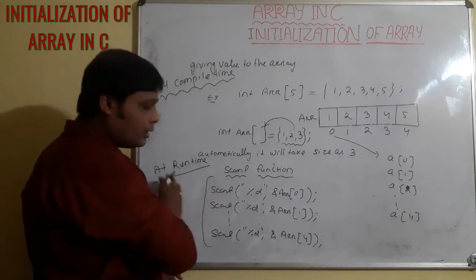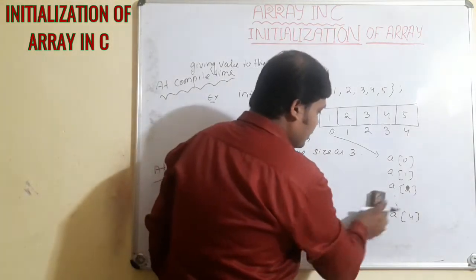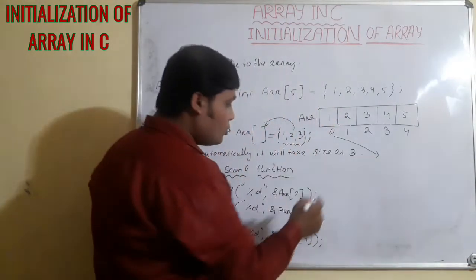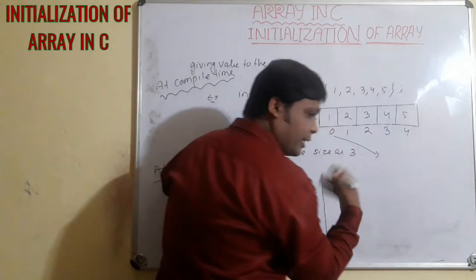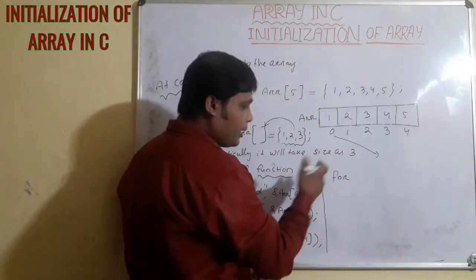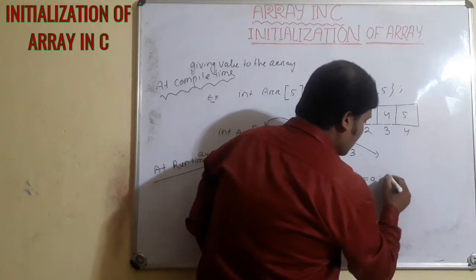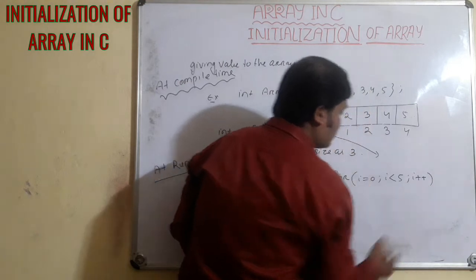Instead of writing multiple scanf, I can use loops. How will I write? Just take any loop: while loop, do while loop, for loop, any loop you can take. I am taking a for loop. Suppose i equal to 0, i less than 5, i plus plus.